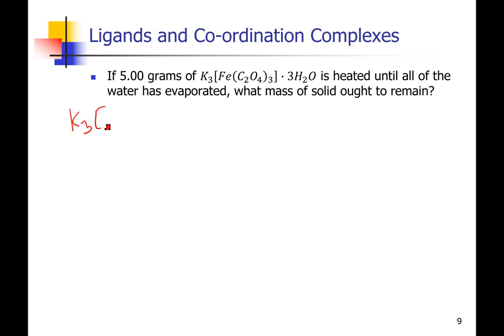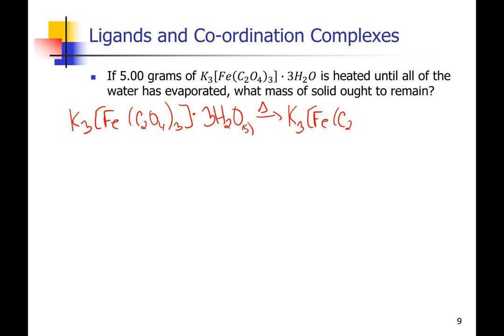You're going to take K3Fe(C2O4)3·3H2O, and that's a solid, and you're going to heat it up, and the complex salt isn't going to change. All of those components are going to stay the same, but you're going to evaporate off 3 water molecules for every complex salt unit.